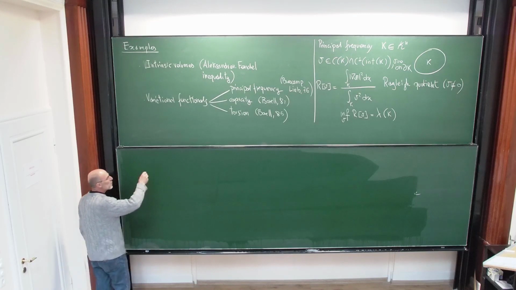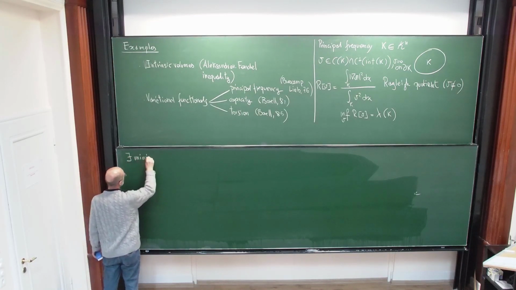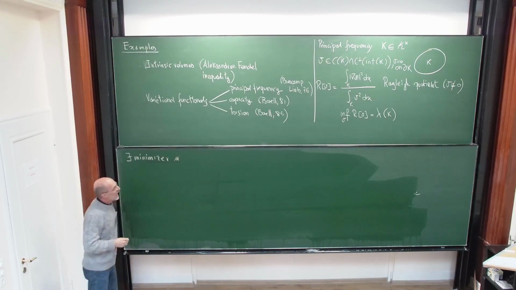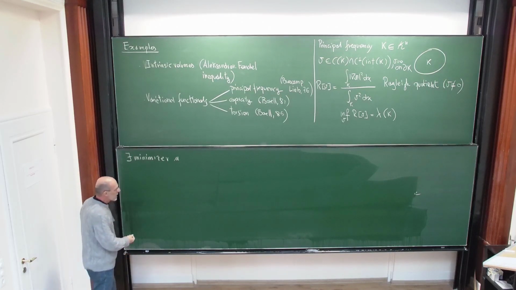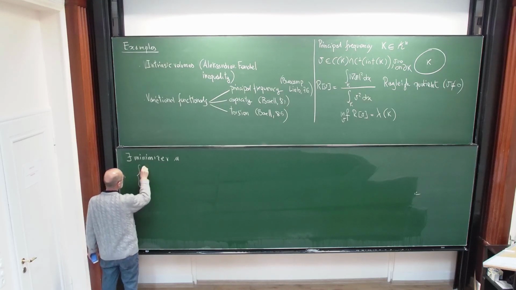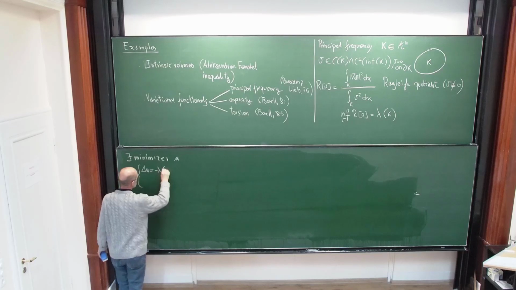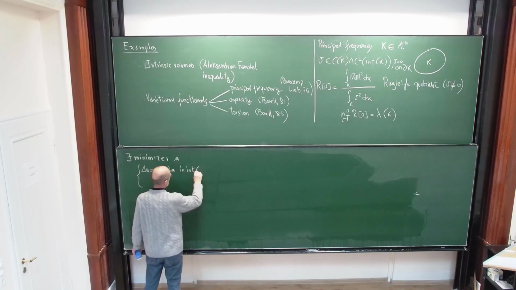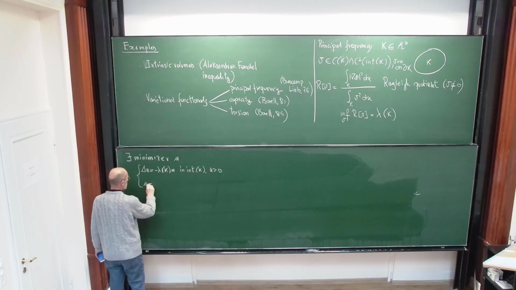Okay, so this infimum, in fact, there exists a minimizer U, and the fact that it is a minimizer implies that U is the solution of some differential equation. In fact, U is the solution of this equation here, with zero boundary condition.